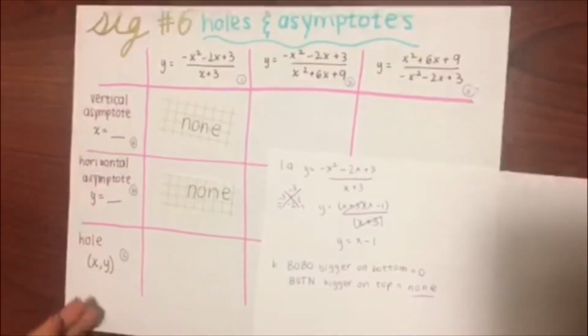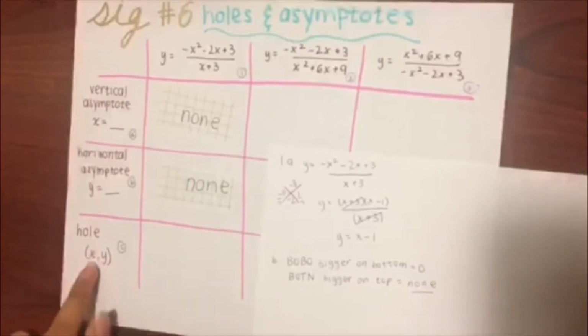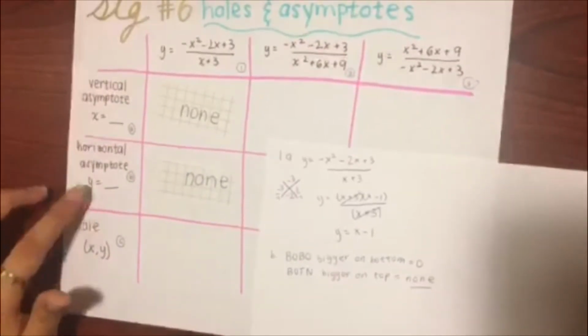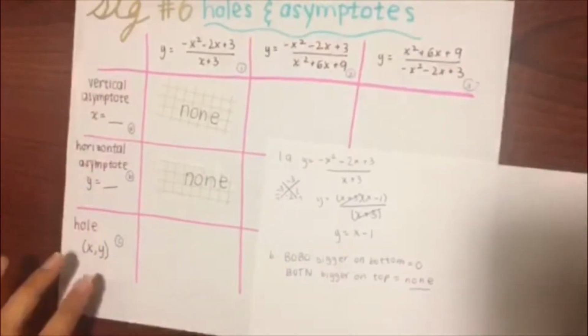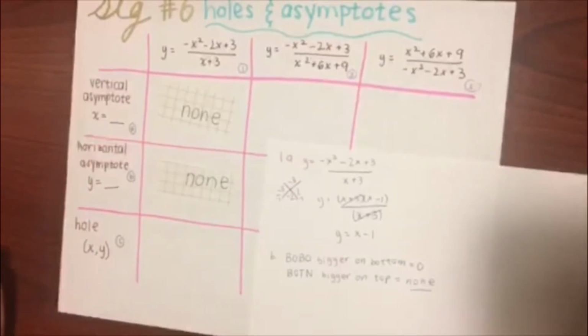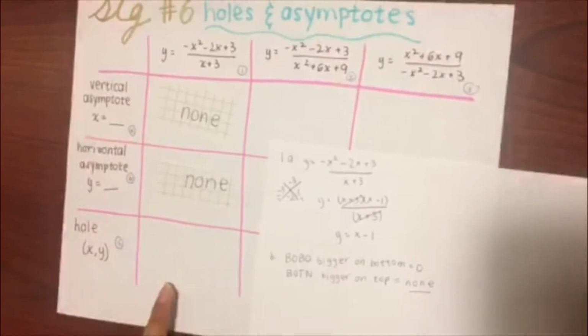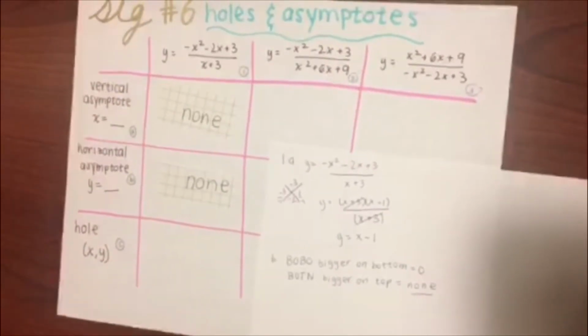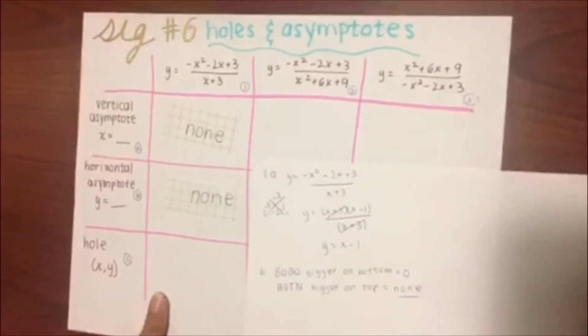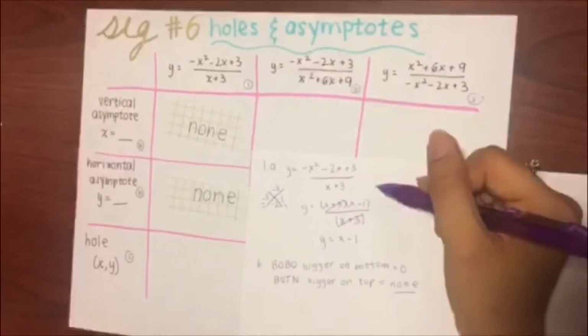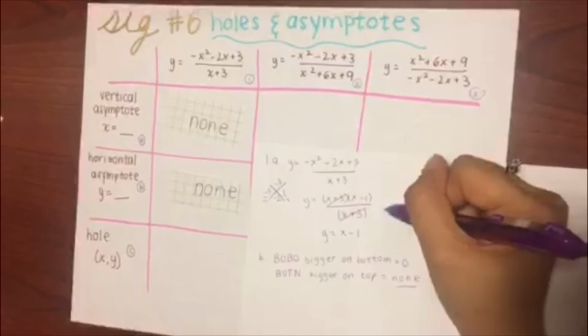Now, when it asks you for a hole, I know here it says x and y and here it says x and y, but these two things don't necessarily have to be the same thing. So you always have to double check that there is a hole. You can't just write none here because there might be a hole here and we need to double check. The way you see if there is a hole is you go back to your equation and again you simplify it.